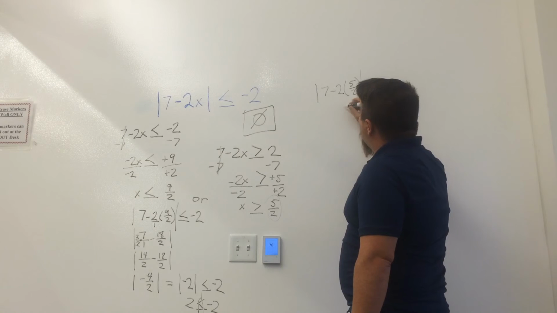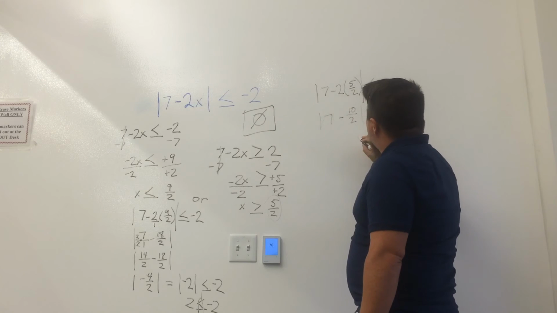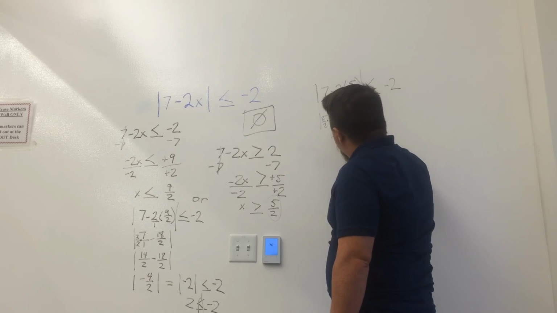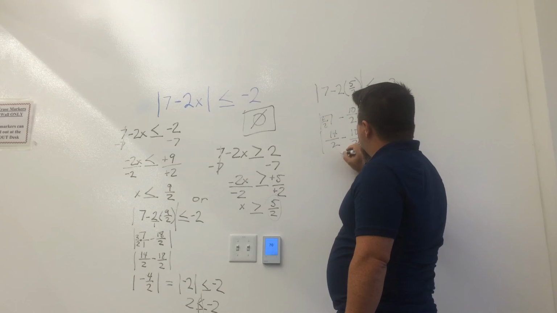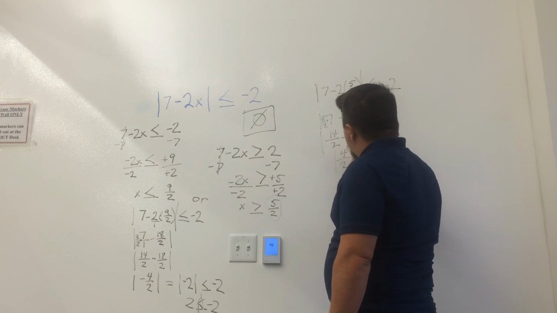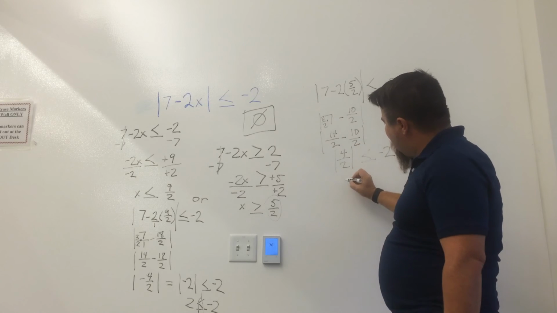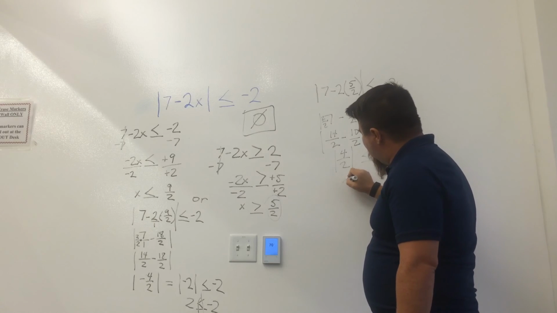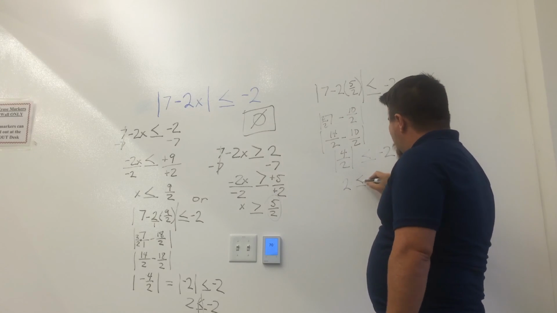Okay, so then we got 10 halves, and then we do the 2 over 2, so then it's 14 over 2 minus 10 over 2, and then that's positive 4 over 2, which is the absolute value of positive 2, so that's positive 2 again, the same as the other side, and positive 2 cannot be less than negative 2.